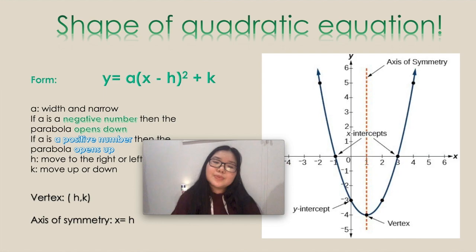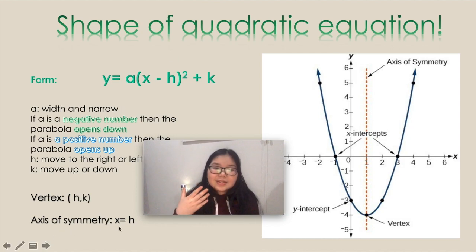Just remember this because it's a really big mistake when you learn about quadratic equations, when you see a graph and write the equation back, you will get the vertex wrong because of a mistake between negative h or positive h. So be careful with this mistake. The axis of symmetry is x equals h.